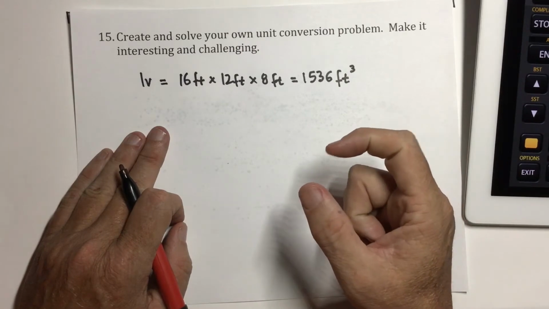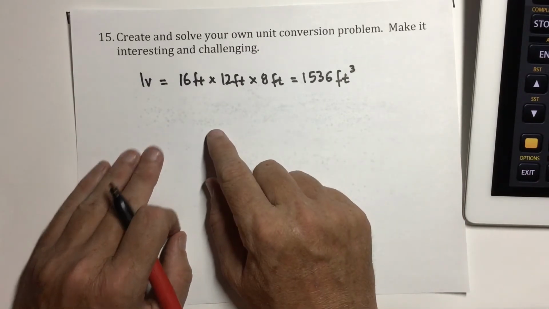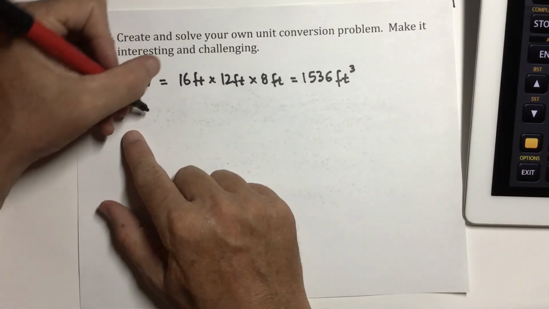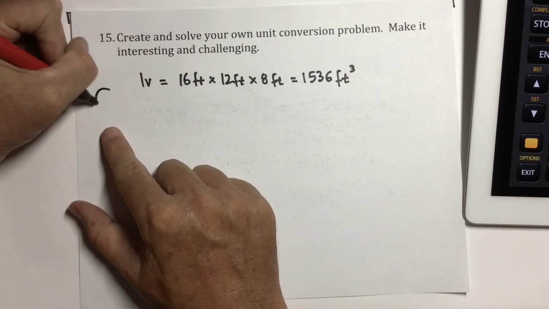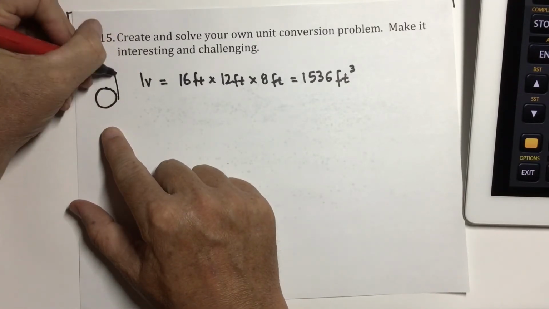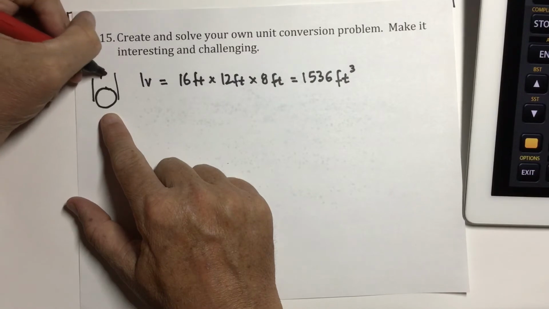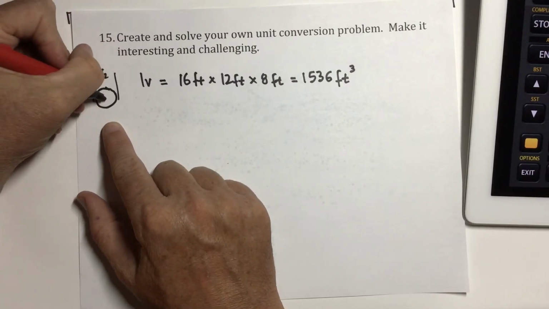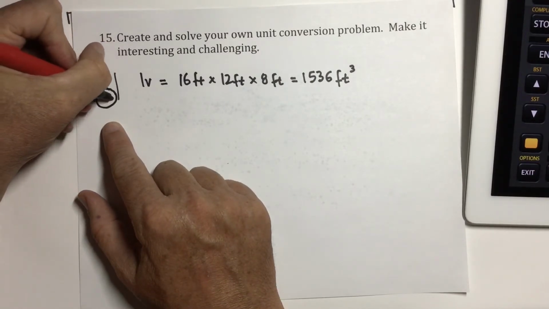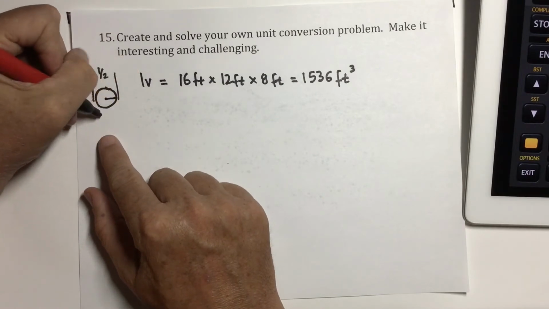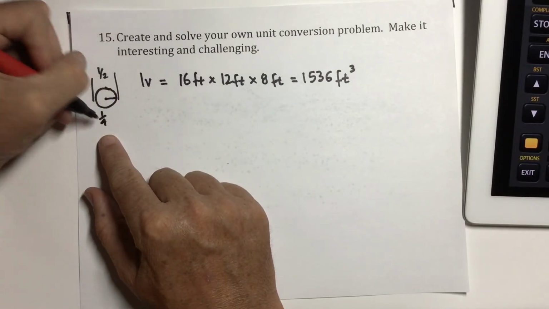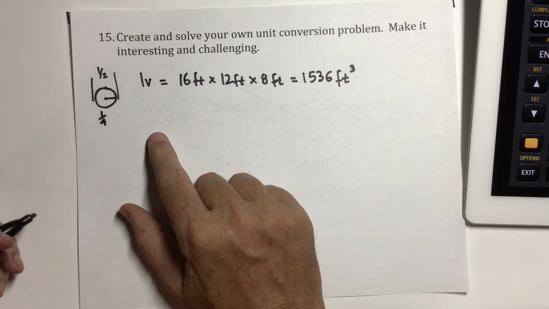Now the marble I'm using is a 1/2 inch across. So I've got a marble that is 1/2 inch across. That means that the radius of said marble, or the sphere, is going to be 1/4 of an inch, or 0.25.